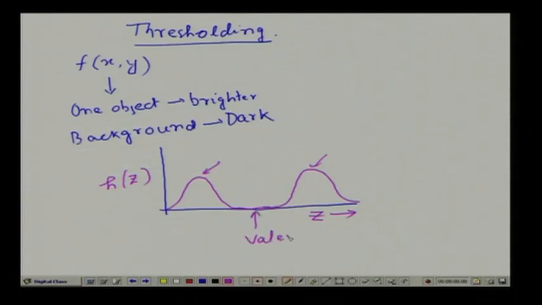So, this is the valley and this is one peak and this is the other peak, and as we have assumed that our object is bright and the background is dark, all these pixels which are grouped in the lower intensity region belong to background, and the other group of pixels belong to the object.